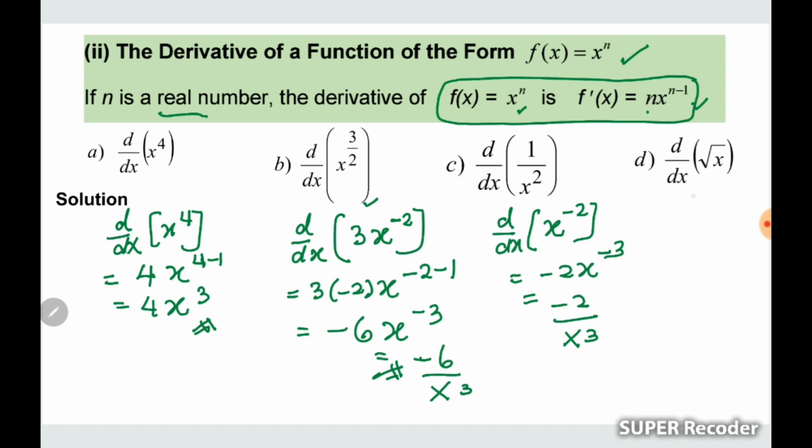And last one, differentiate square root of x. So differentiate square root of x means differentiate x to the power of half. So the answer is half, bring in front, x to the power of half, you have to minus 1.